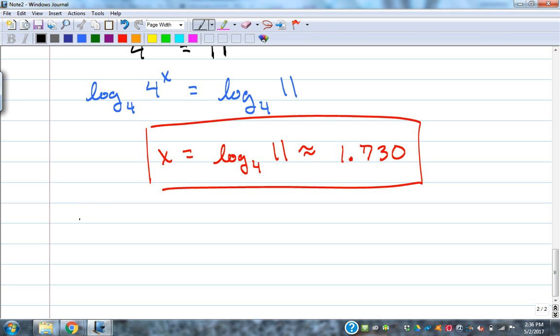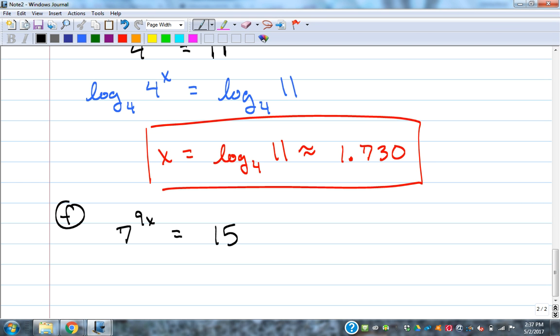Look at example F. 7 to the 9x equals 15. This one's a little more obvious. Maybe not more obvious, but still obvious that 7 and 15 are not related, right? Not at all. They probably don't even know each other. Okay, so we can't change the 7 into a different base or the 15 into a different base.